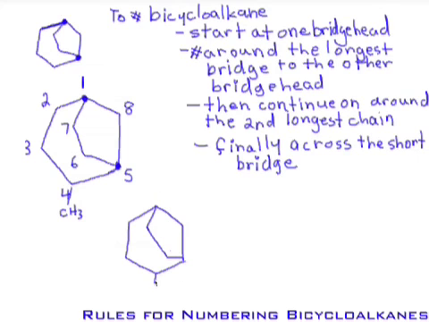If there's a methyl here, 1, 2, 3, 4, 5, 6, 7, 8. And notice the difference between a 2-methyl and a 4-methyl. The 2 is better. So numbering from this bridgehead would have been better. Okay, but let's get rid of the methyl and just go on with the naming of an unsubstituted bicycloalkane.